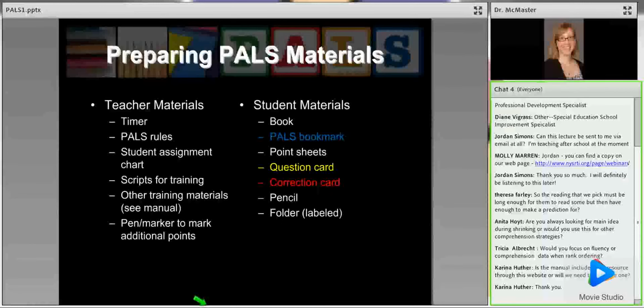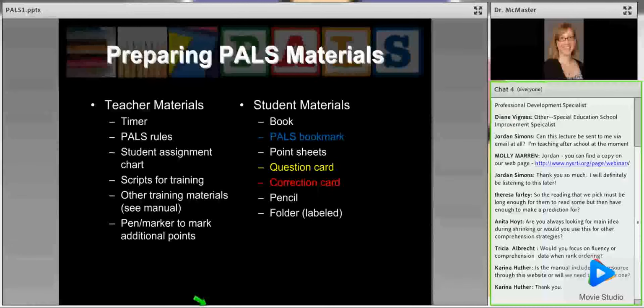There are also other training materials in there, so there's little example stories that you can use during training. There's some little exercises in there, so those are all available in the manual. And then some sort of writing implement so that you can mark points as you're monitoring and listening to your students.